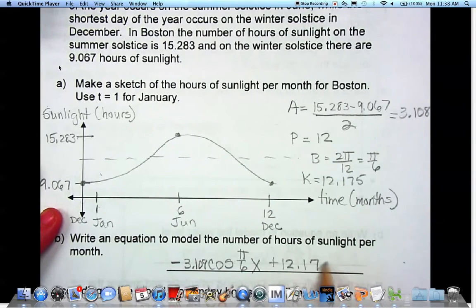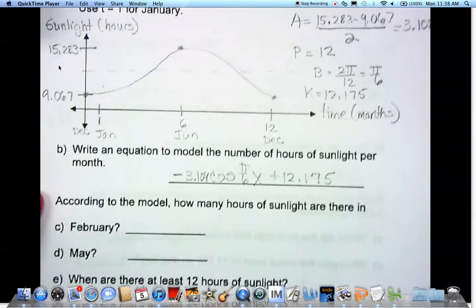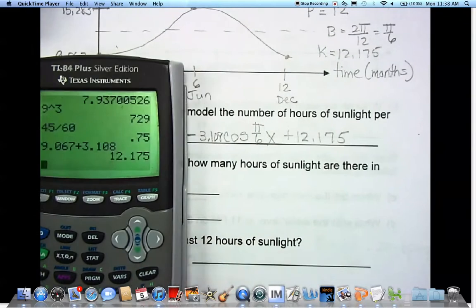All right, now put this in your calculator.